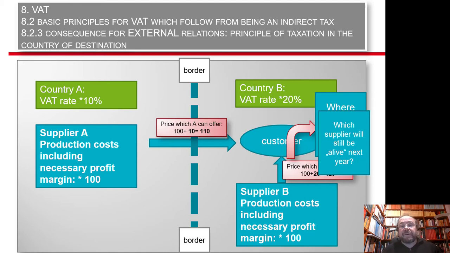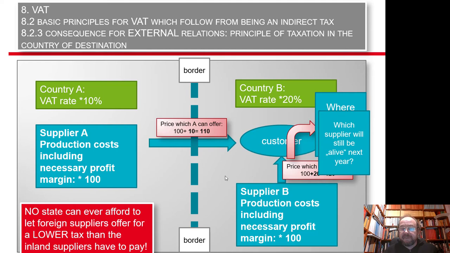Well, you don't kill off only supplier B, but you would kill everybody in the market of country B, because all existing businesses in country B would be outcompeted, undercut, just due to the VAT rates, by their competitors from country A. So country A would flourish and country B would lose all its enterprises. That cannot be the aim of a VAT system.